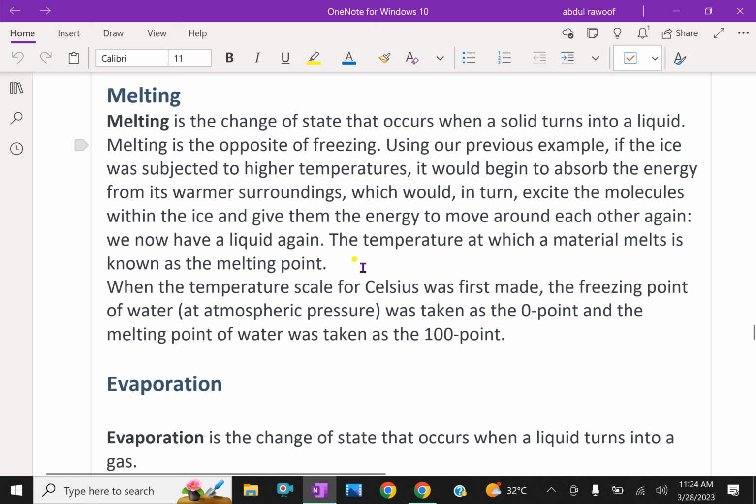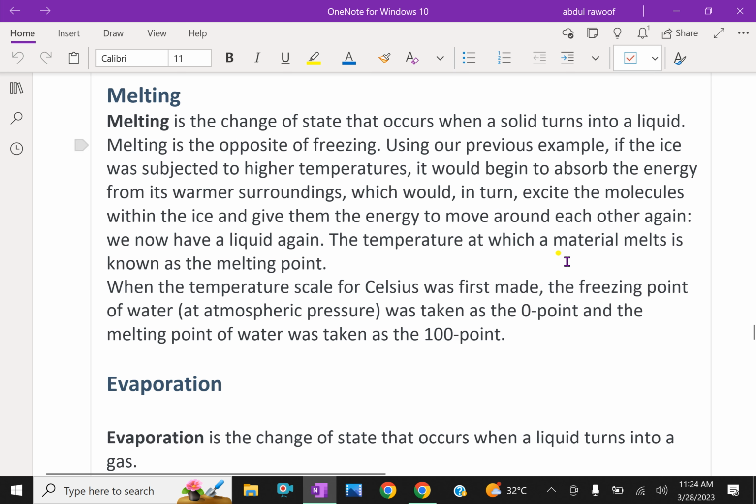That means you are heating the ice. We keep the ice outside the freezer, so it absorbs the warmer surrounding heat and starts melting, which in turn excites the molecules within the ice and gives them the energy to move around each other again. We now have a liquid again.